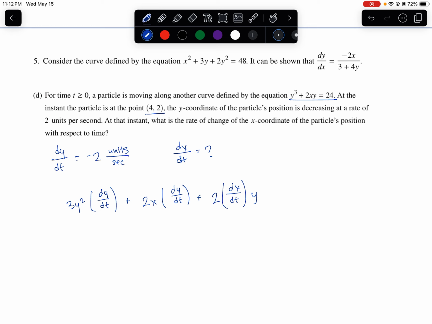And that will be equal to 0. This is a constant, and whenever you take the derivative of a constant, it is 0.